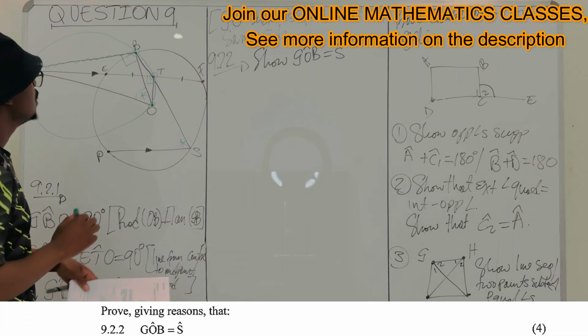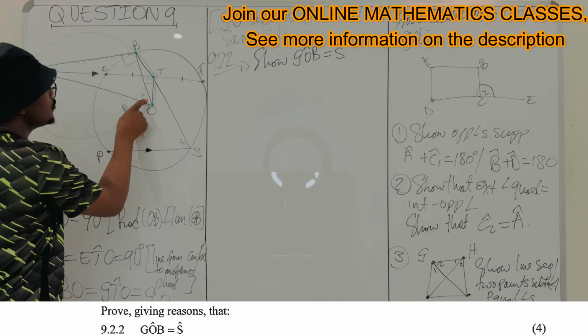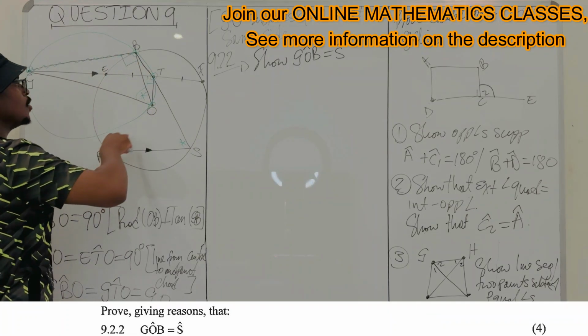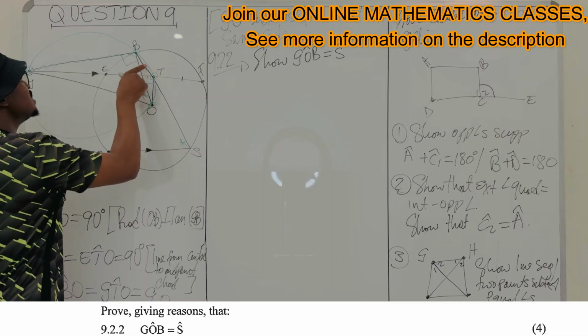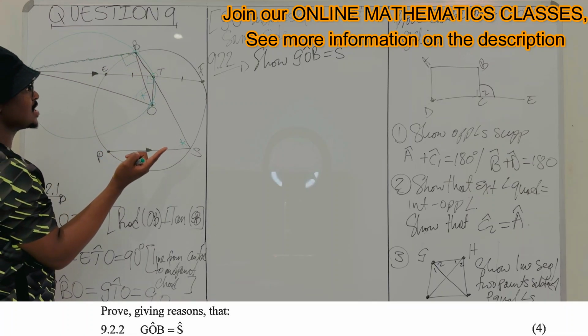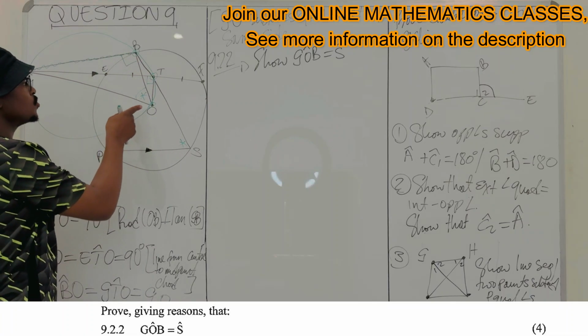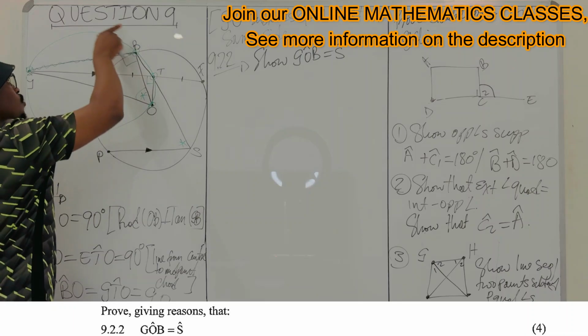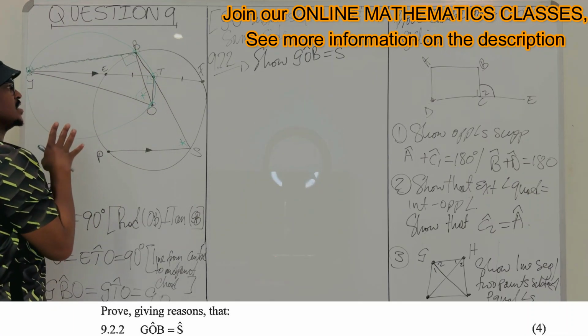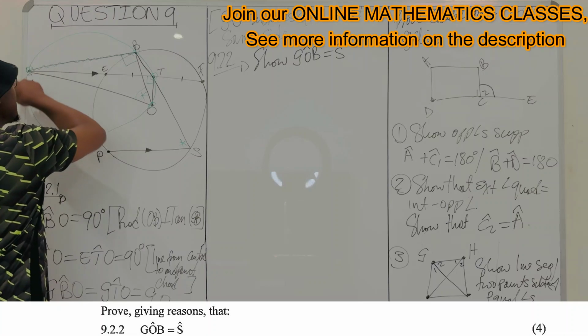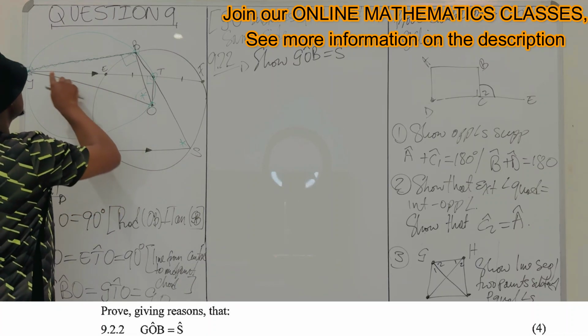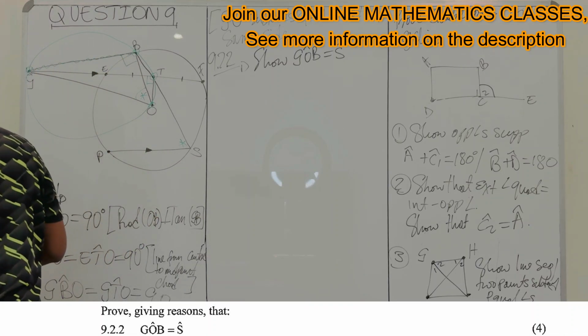Fine. But if you look at this angle O of yours, it's on this green circle, because we proved that OTBG is a cyclic quadrilateral, right? So if it is a cyclic quadrilateral, there is a circle that connects all 4 points. But look now, on the green circle, your O is subtended by GB.